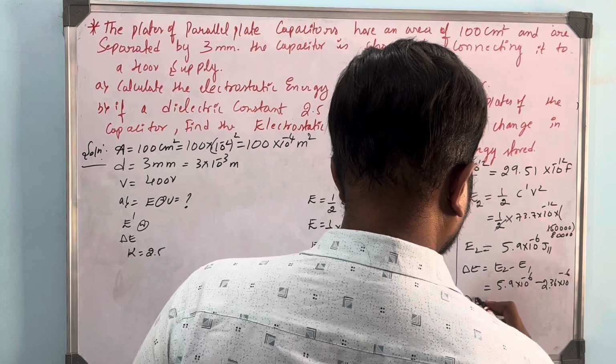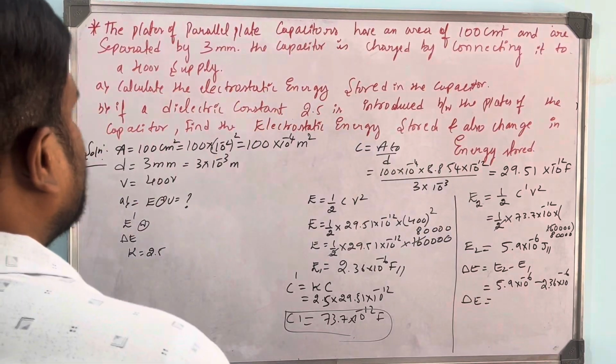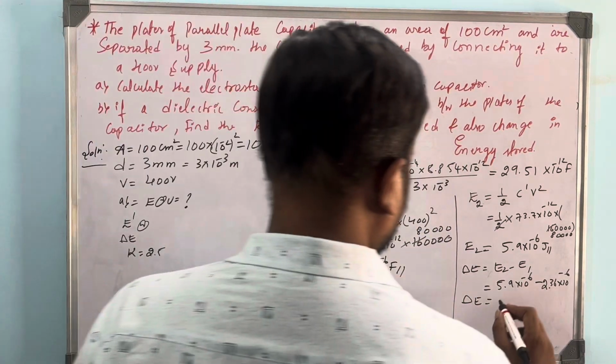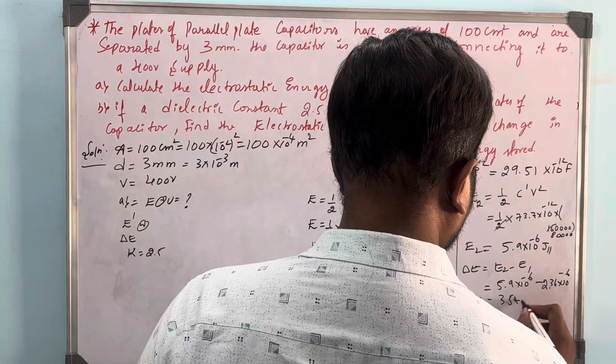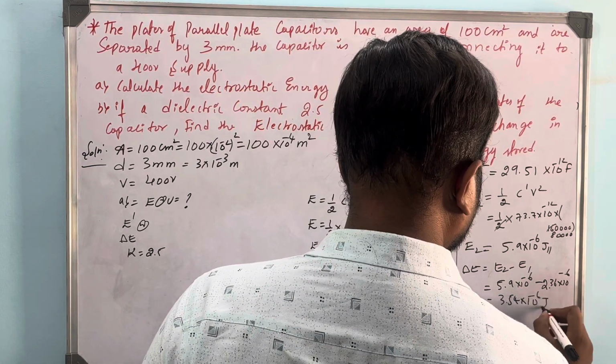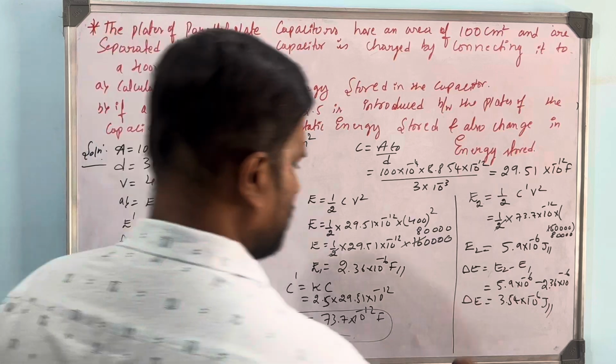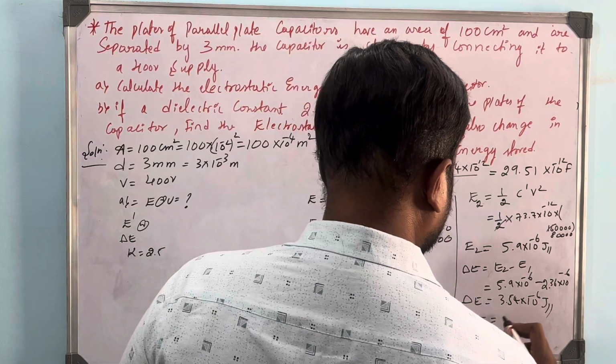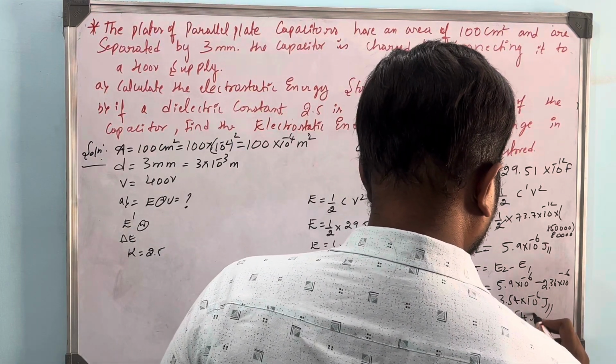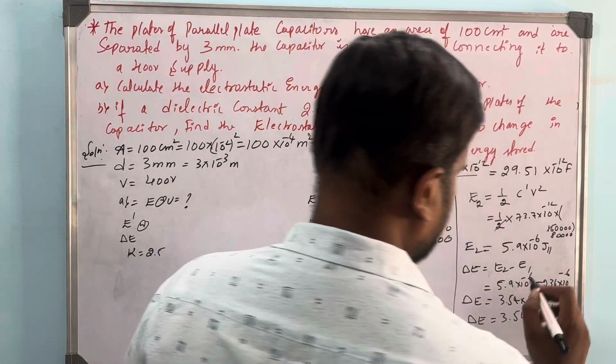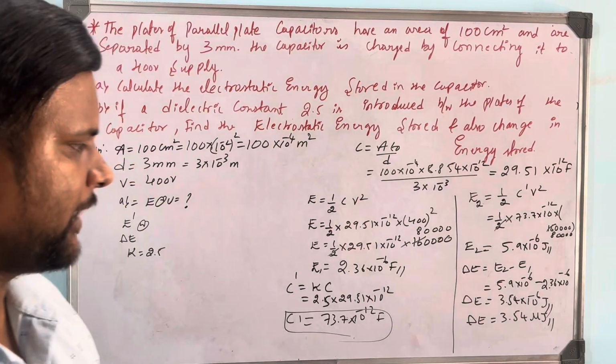If you calculate this, delta E is 3.54 into 10 to the power of minus 6 joule, or it can also be written as 3.54 microjoule. Micro value is 10 power minus 6.